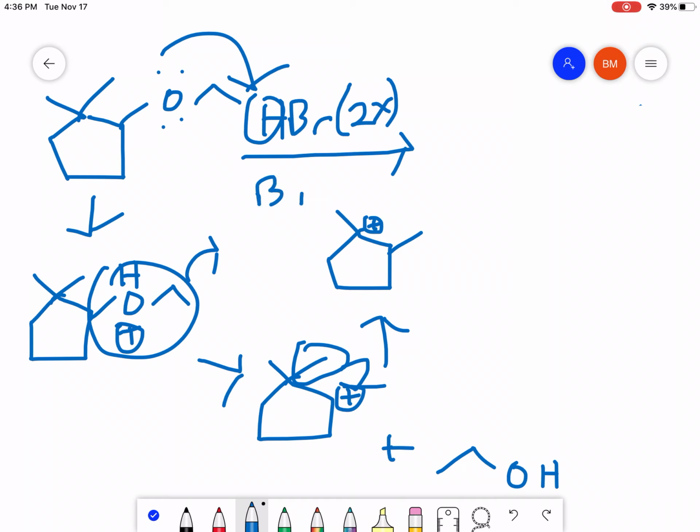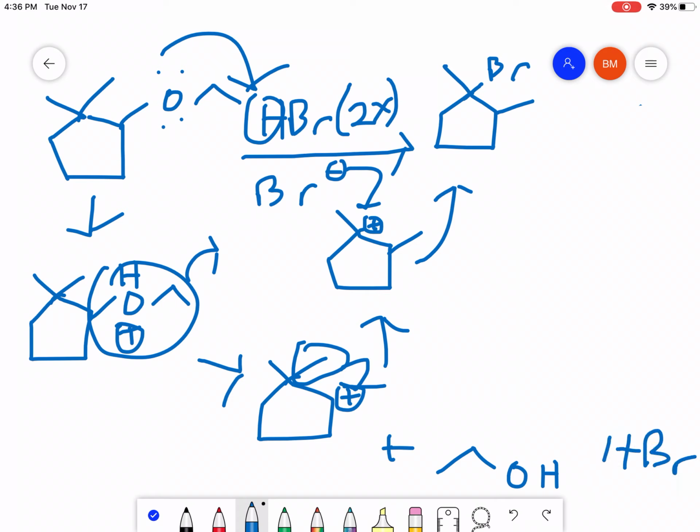Then and only then does your Br- attack, and you end up getting this particular alkyl bromide. And then, of course, the alcohol gets treated like it always does.